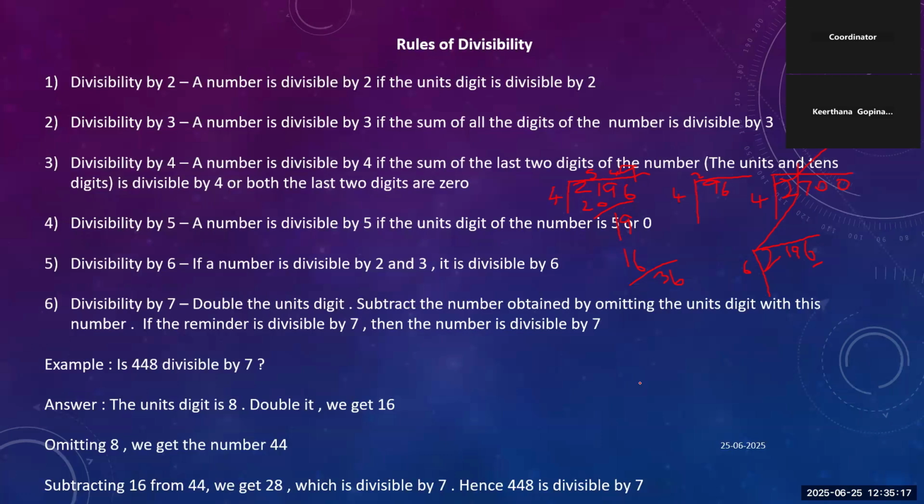I'll give you an example, simple for you to understand. Is 448 divisible by 7?